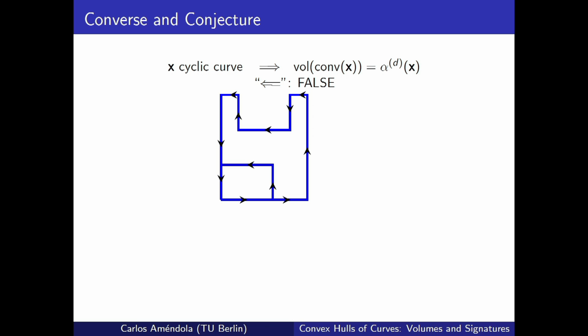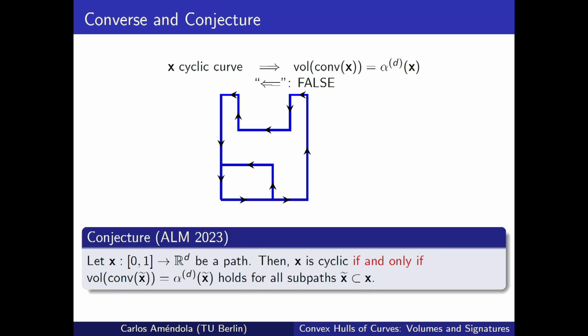And this would kind of resolve the idea. Okay, like this is the largest one for which this would hold for all subpaths. And yeah, we believe this is somehow the right family.